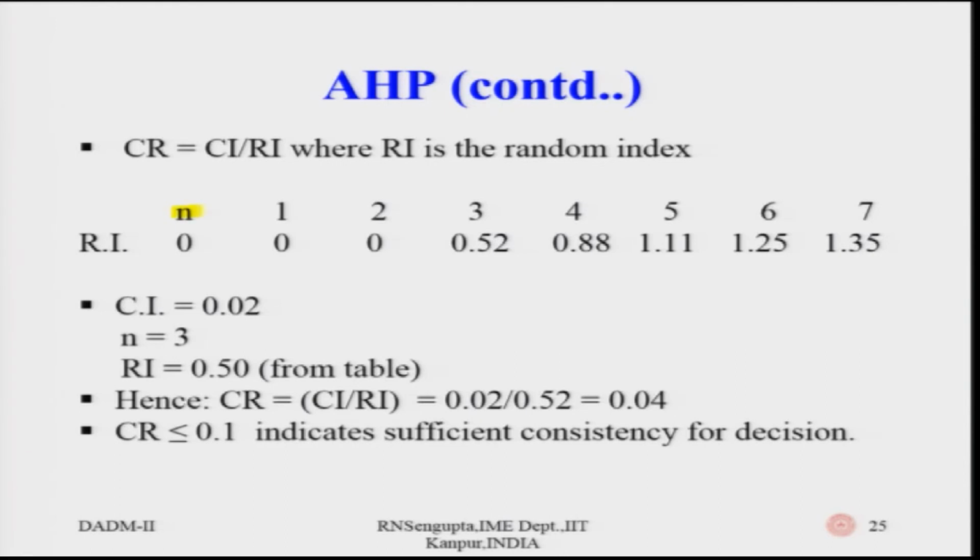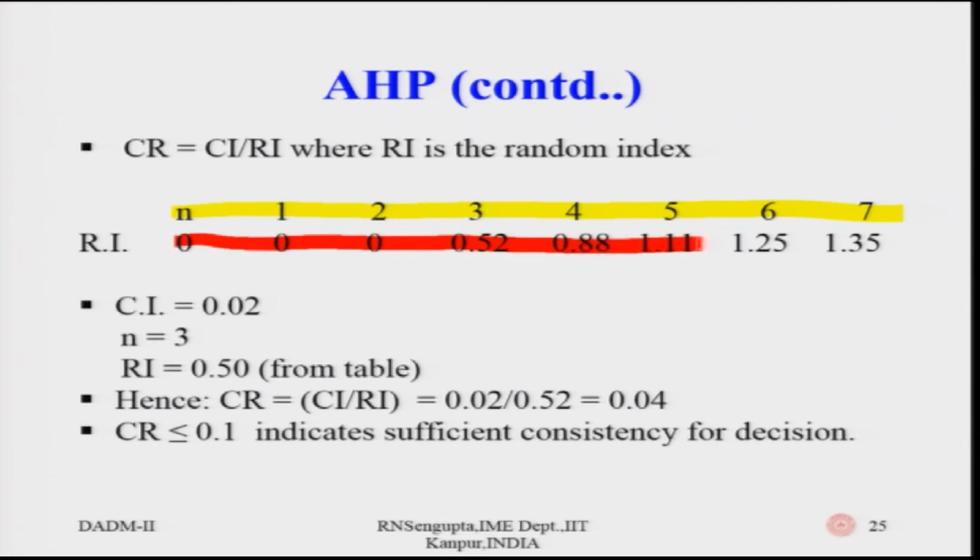If the values of n are given in the first column, n can be 0, 1, 2, 3, 4, 5, 6, 7, it can be more also. The corresponding values of RI, the random index, are given: as you can see, starting 0, 0, 0, 0.52, 0.88, 1.11, 1.25, 1.35.